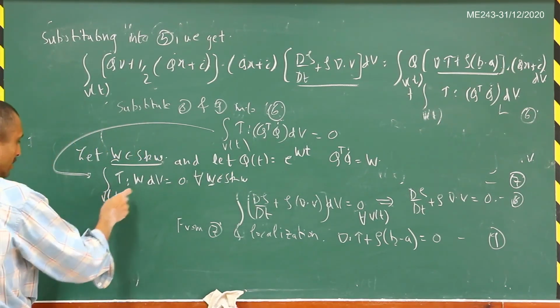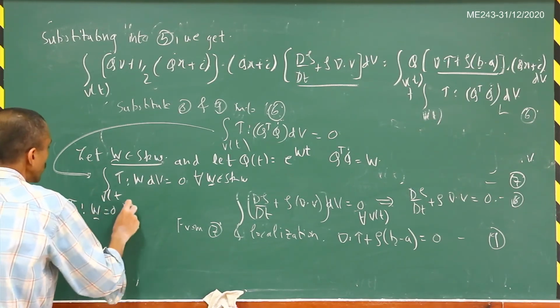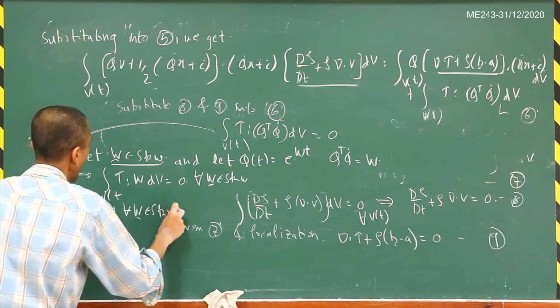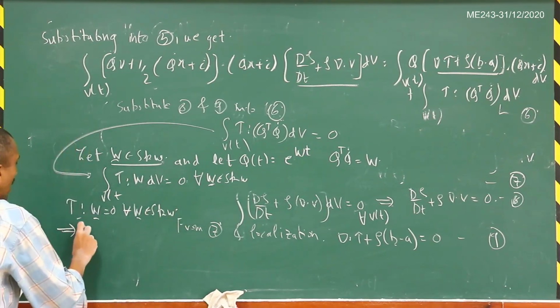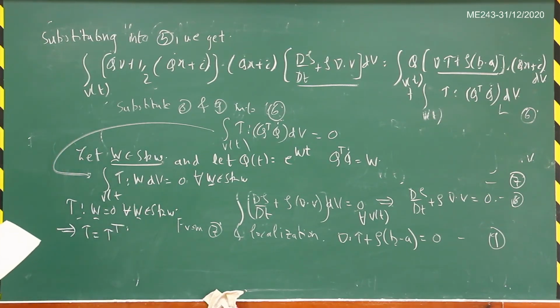Again, by localization, you will get that tau matrix inner product w is equal to 0 for all w belonging to skew, and then this implies that tau is equal to tau transpose. Okay, so that shows the symmetry of the stress tensor, and so that actually shows the balance of angular momentum.